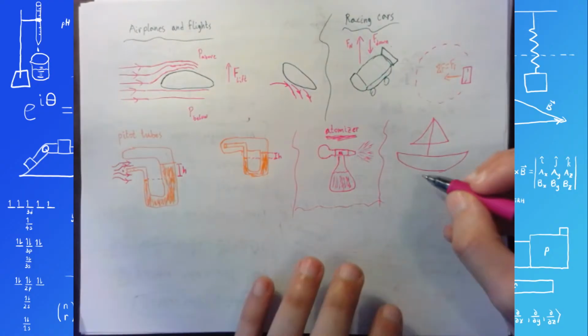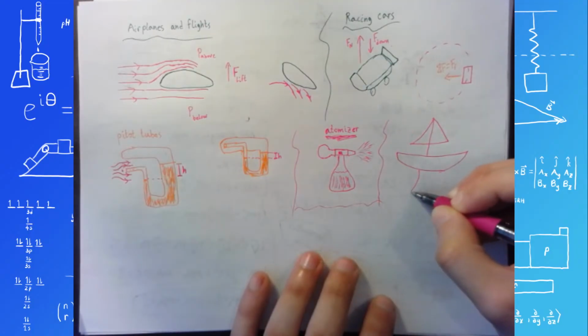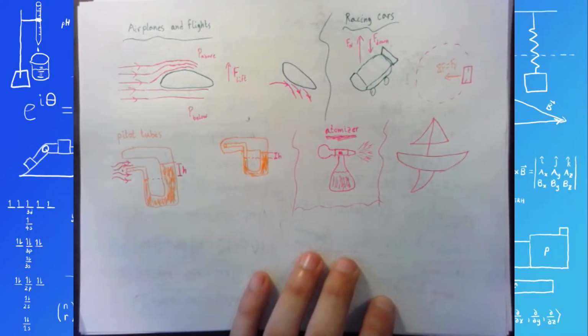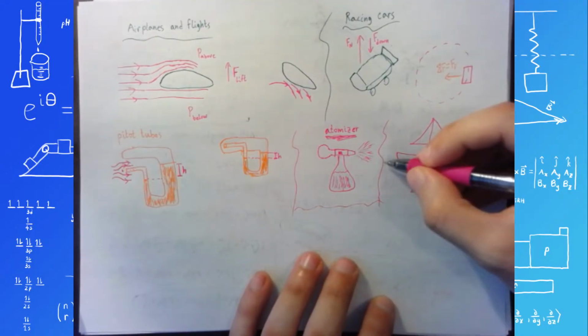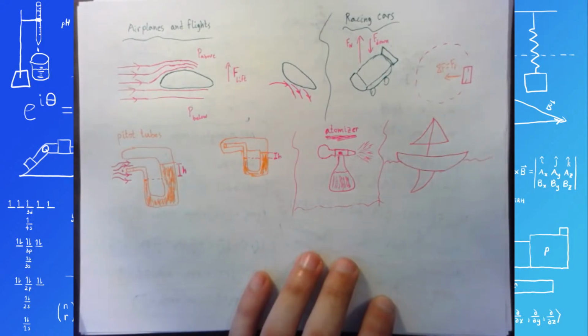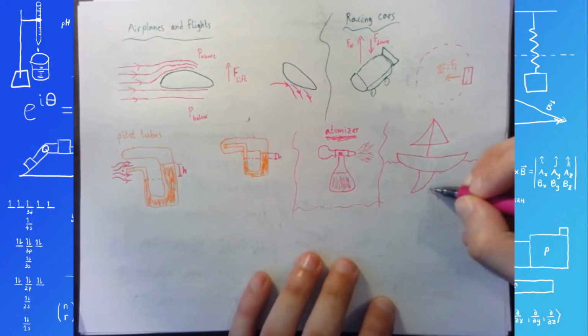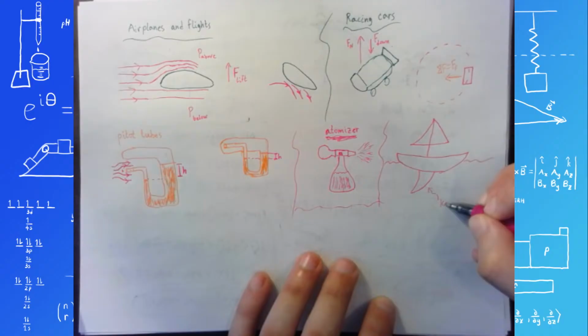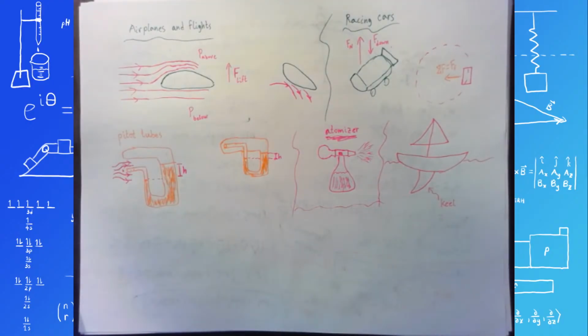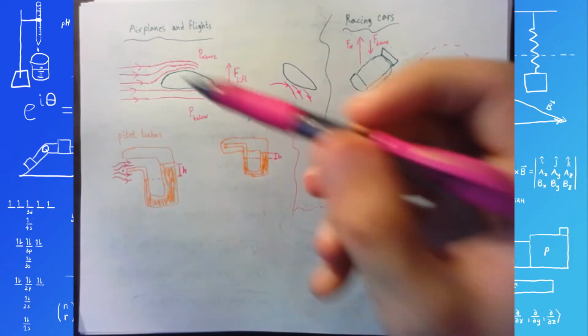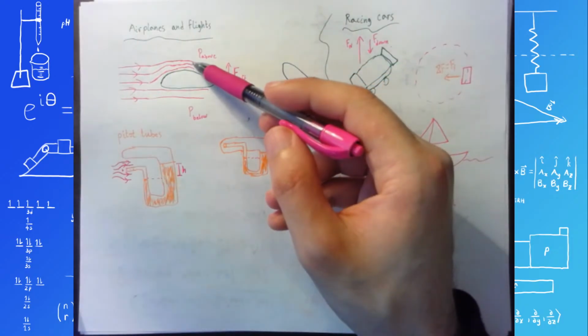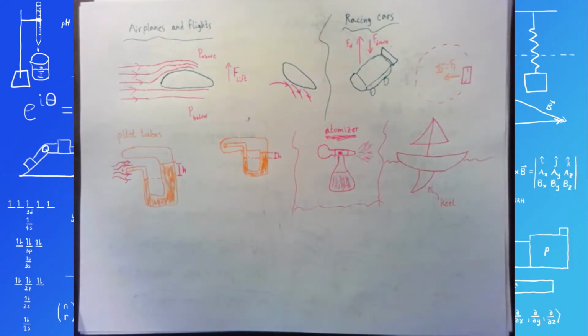But also boats have this fin thing called a keel. Boats also have, under the water, so here's the water, and under the water they have this fin-shaped thing called a keel. And this also kind of takes advantage of what airplanes and spoilers do, except a keel is completely symmetrical.